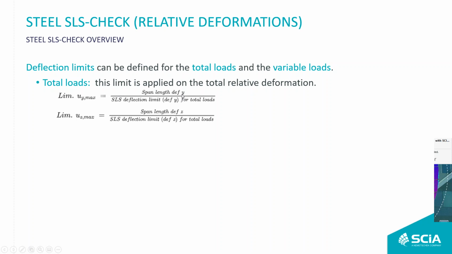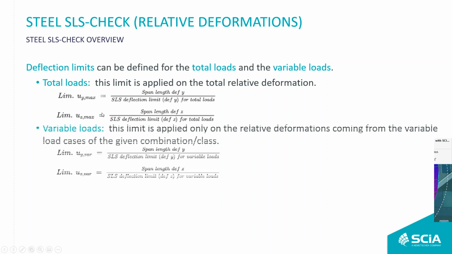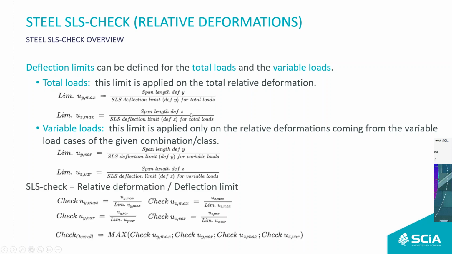The length of your span divided by that limit, which I've shown you in the previous slide, that 1 over 360 or 1 over 200, gives you the limit value in millimeters. So that's the story for total loads. For variable loads, it's the same, but you use the variable loads limit instead of the total loads limit. And the SLS check is nothing more than your relative deformation divided by these limits, which you see right here. And your final unity check is just the maximum of those 4.